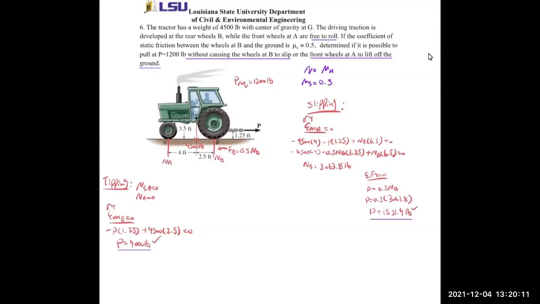Okay. So right now, let's compare those two values, those P we found. Let me explain. This P right here is the amount of force that, if we pull this tractor, causes it to slip. And this P right here is the amount of force that causes it to tip.